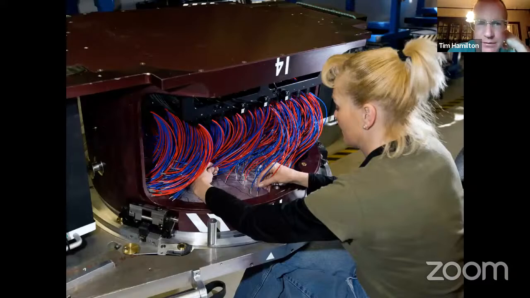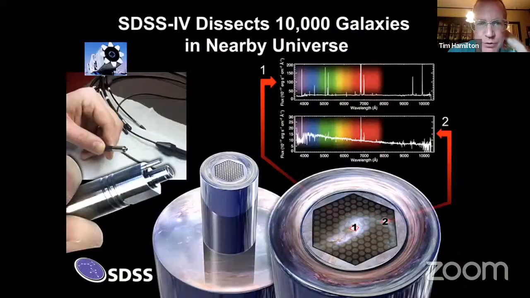But with MaNGA, the integral field spectrograph, what they want to do is have several different fibers that cover each galaxy. And so they have the plug for that, and you can see it here held in a hand. At the tip end of the plug, you see this hexagonal shaped cluster of optical fibers.